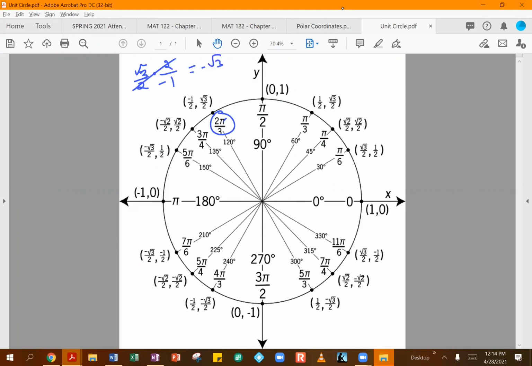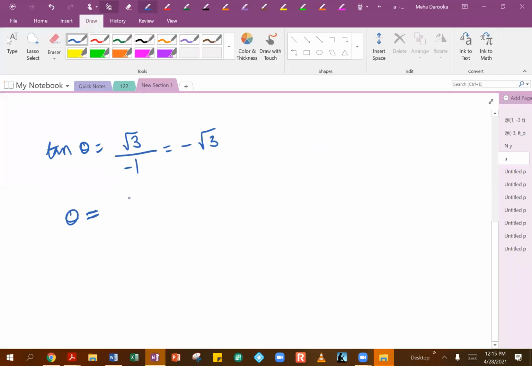And then you guys also had 5 pi over 3, which is going to be this guy over here. And same thing, when you divide sine by cosine, you get the same answer. So we can stay with the smaller of the two angles, 2 pi over 3. So that gives us our theta over here.